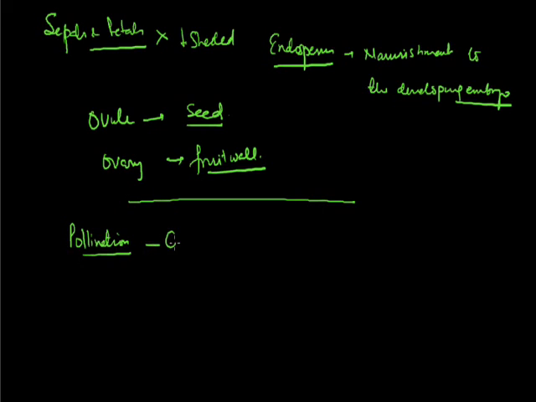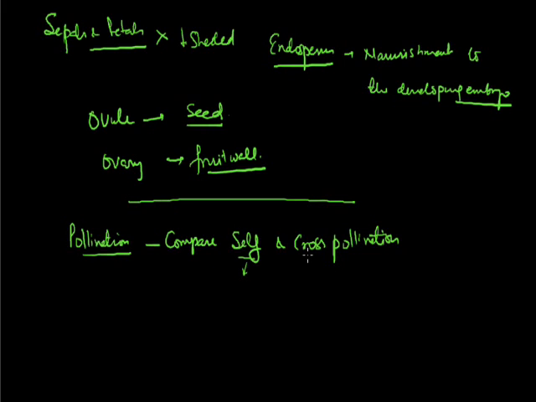If we compare self and cross pollination, what are the differences? See, the ultimate result is the same. But in self-pollination, the pollen grains are transferred from flowers of the same plant or from the same flower itself.